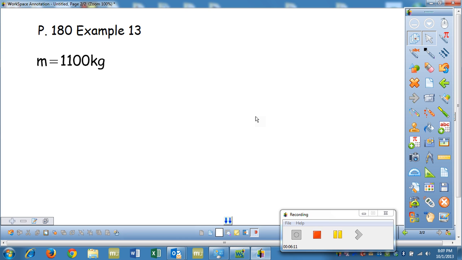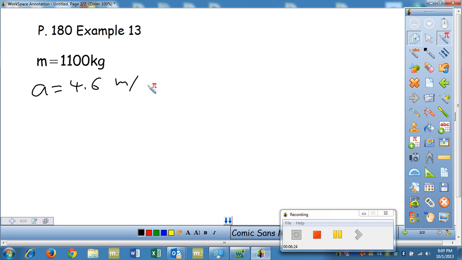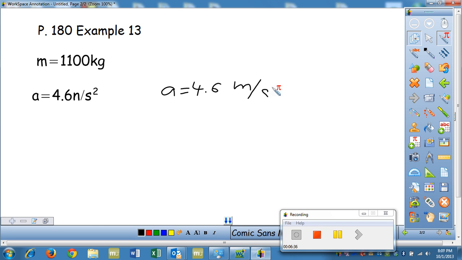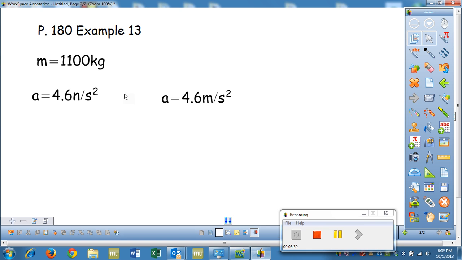Acceleration is 4.6 meters per second squared, for 5 seconds.